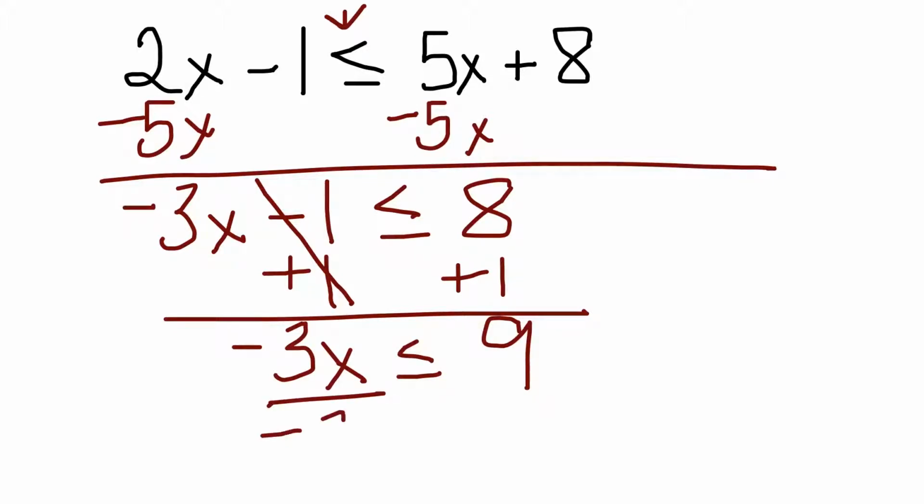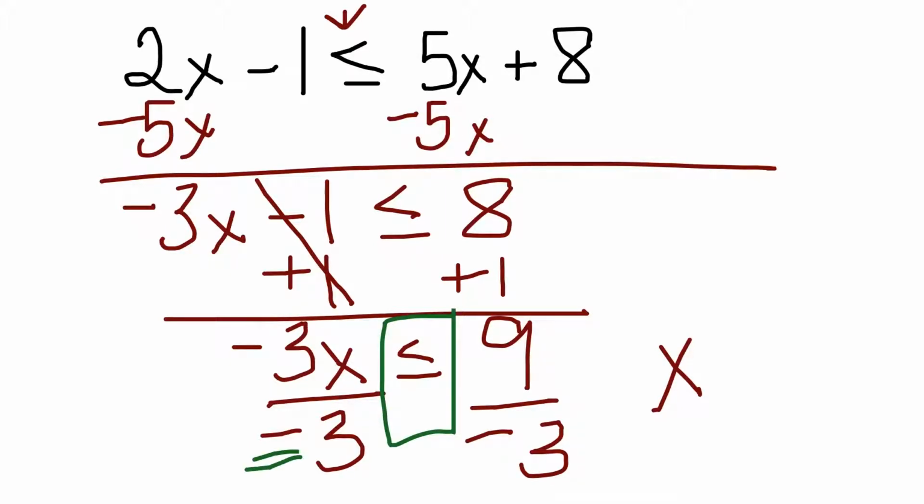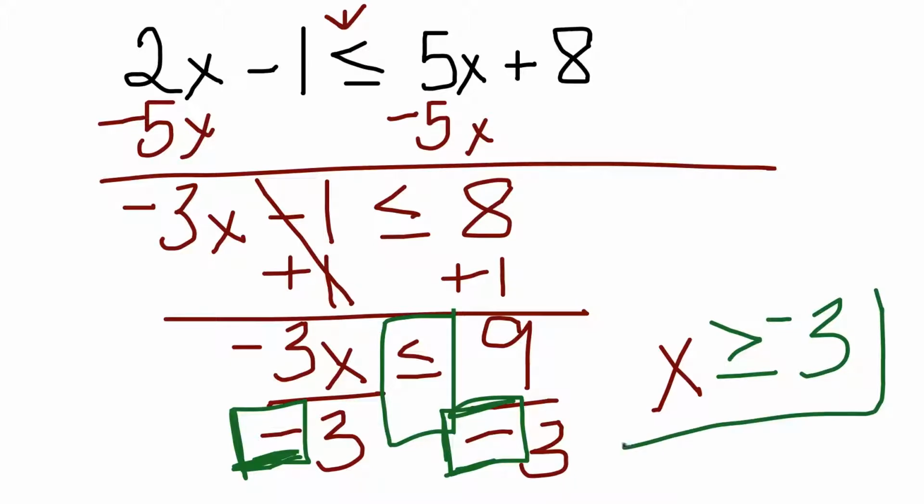Finally, dividing by a negative 3, I'm going to see that x, and now I've got to flip the sign. Because I divided by a negative on both sides, I've got to flip that sign, and so now x is greater than or equal to, and 9 divided by negative 3 is negative 3.